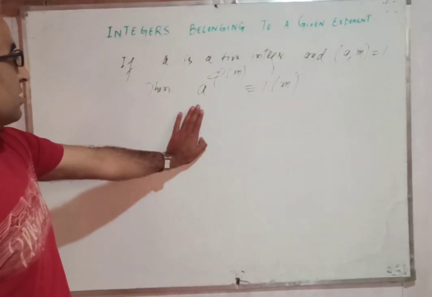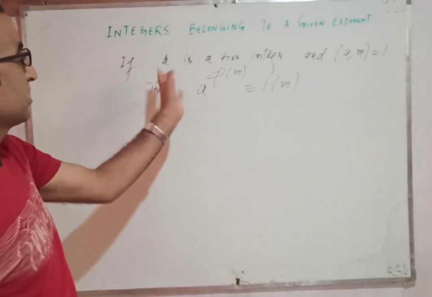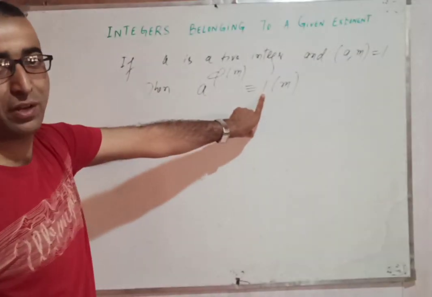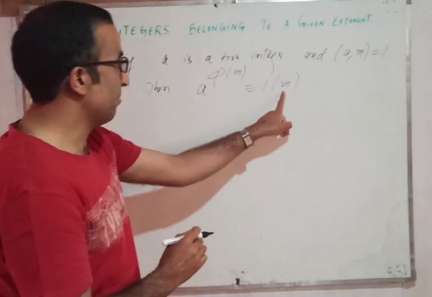This means if you raise a to the power phi of m and subtract 1, that integer will be a multiple of m.